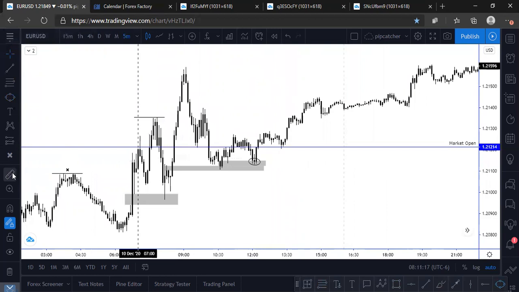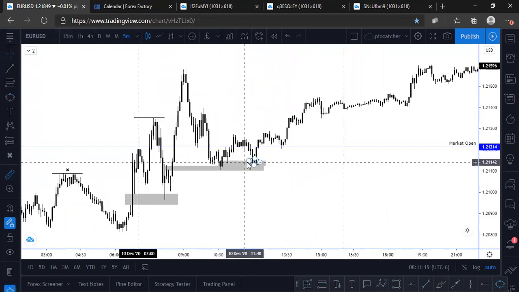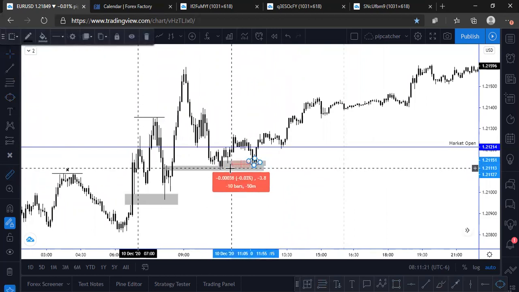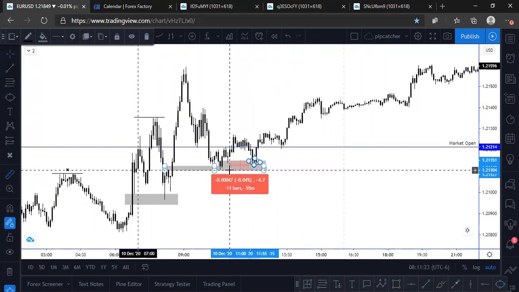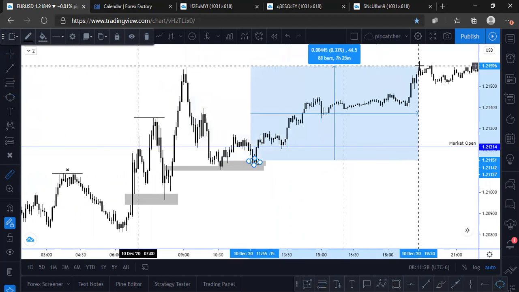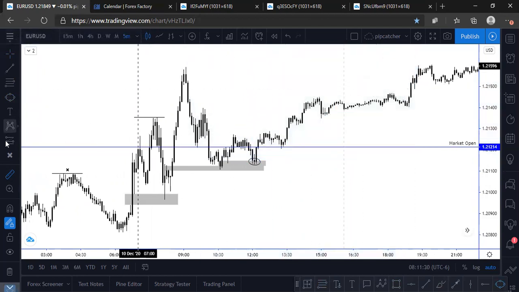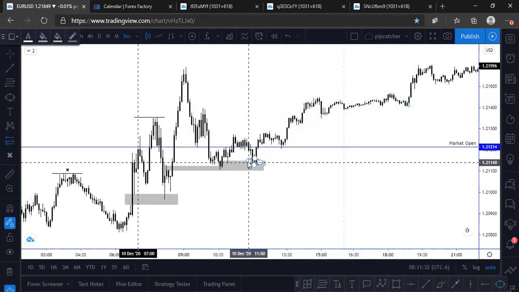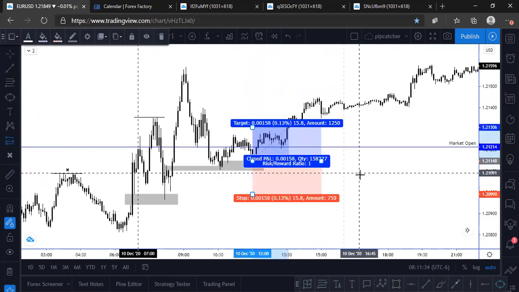So your stop loss on this trade in particular would have been about 4 pips. And let's just say we were targeting this high up here. So 40 pips. So let's just see what the risk to reward ratio is on that.